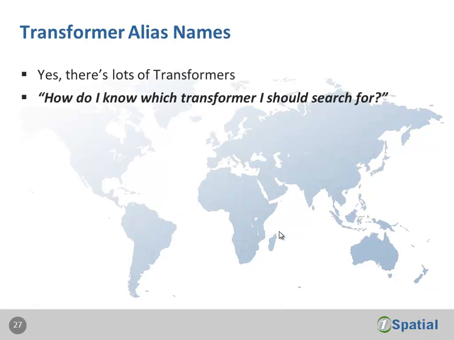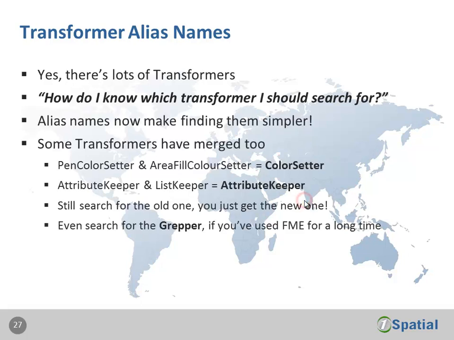Transformer alias names. Well, these are something to be aware of that are relatively new, and it's a good thing really, because when I deliver training courses, one of the main questions I get asked is how do I know which transformer to use next. That can sometimes be a bit of a challenge when you're searching for transformers.